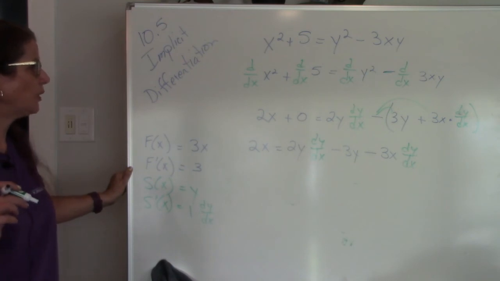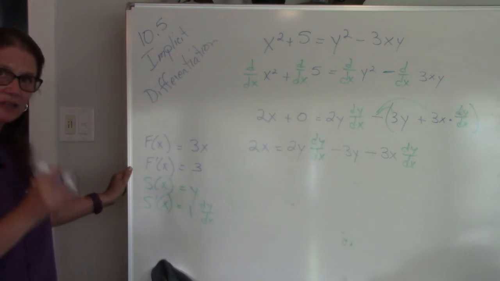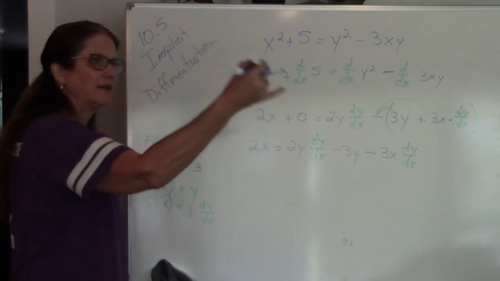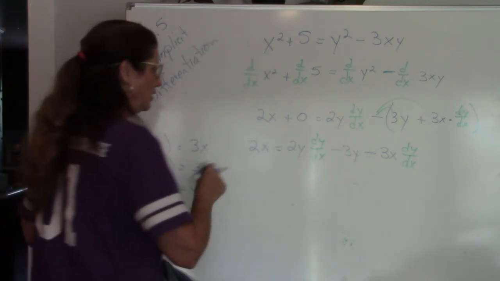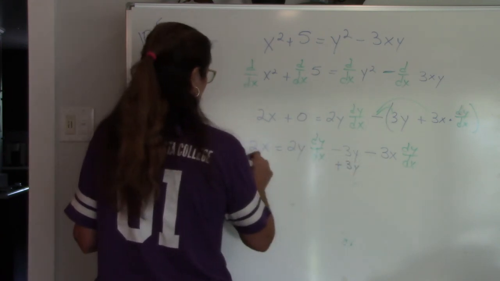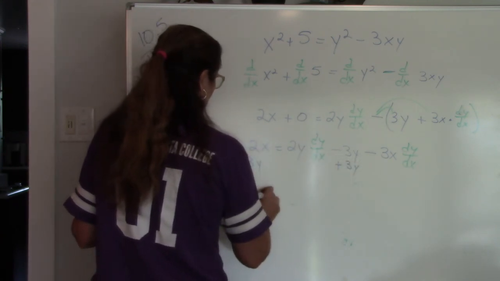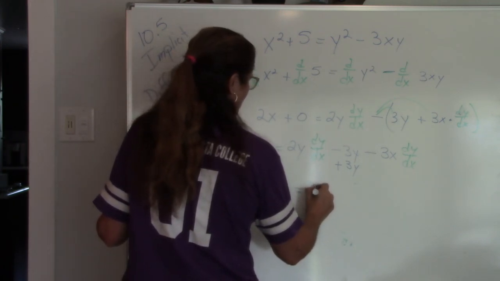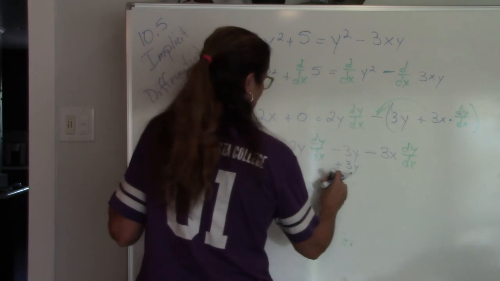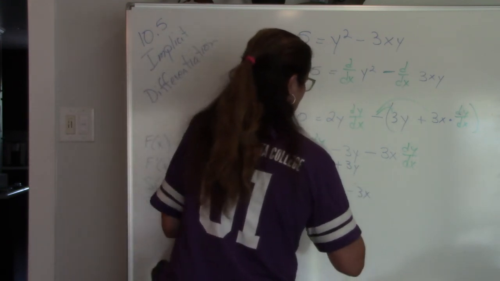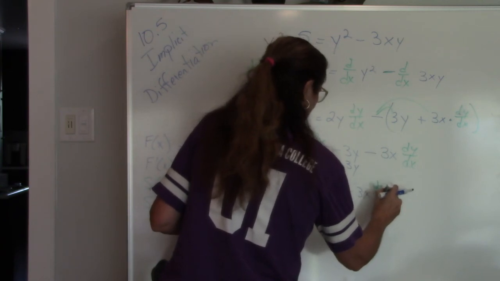So what I want to do is collect all the dy dx's on one side of my equal sign, and all other terms on the other side. So I'm going to move this 3y over. So I end up with 2x plus 3y equals 2y dy dx minus 3x dy dx.